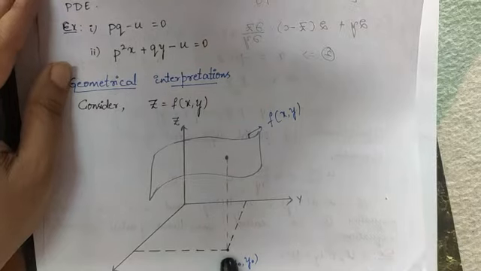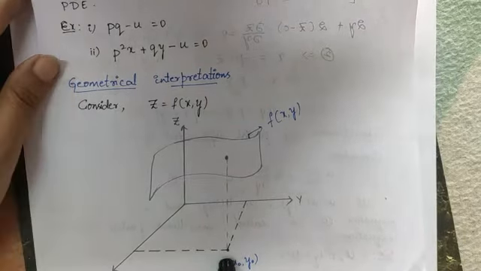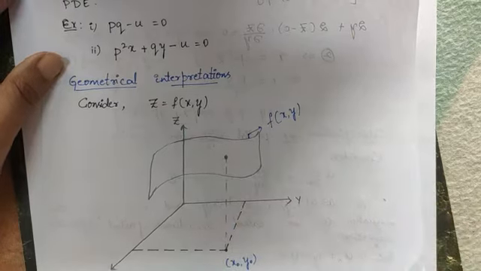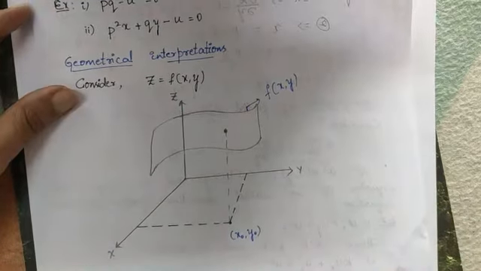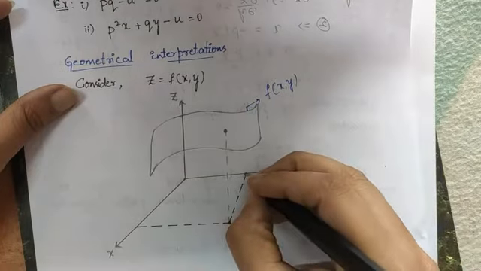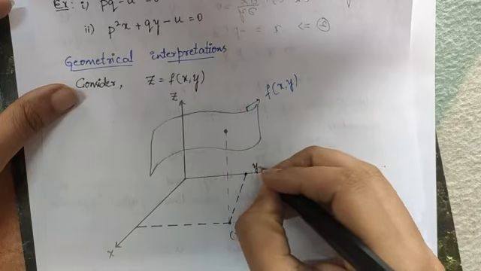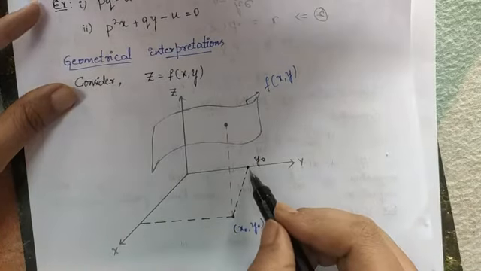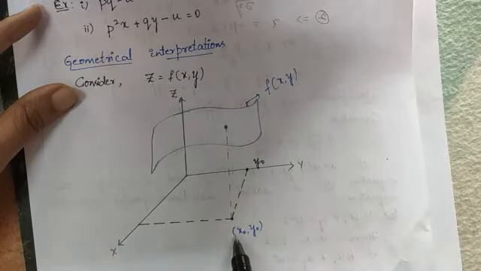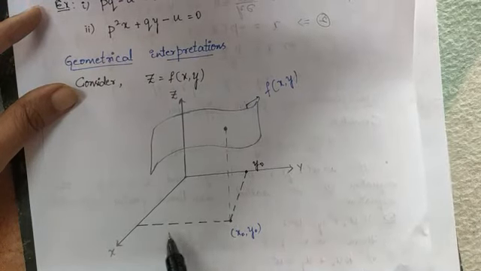So for this point, the reflection on my function is somewhere here, right? This is y0, so the component is on the y axis, and for this x0 point the component will be along the x axis.